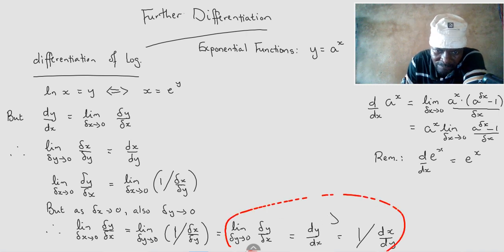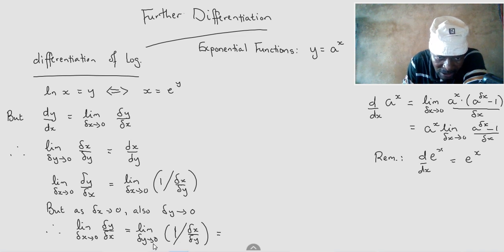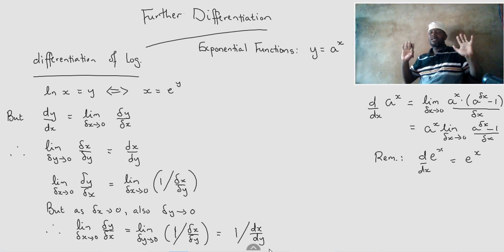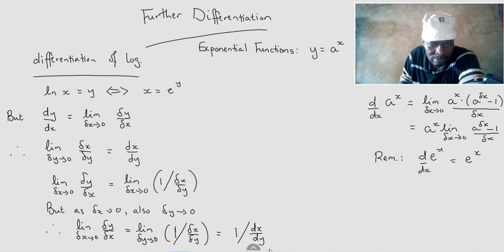For some people, let's rather say this means 1 over dx dy already. For some people, I think that will be simple enough to just go straight up to it. But taking it the other way, I was trying to foster some clarity there. Maybe it created confusion instead.